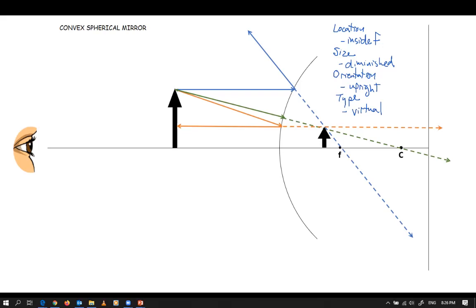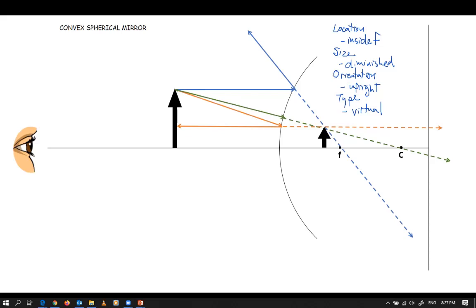We did concave spherical mirrors earlier in the video, and the process is basically the same. We have 4 rays we can potentially draw: one that comes in parallel and then goes out from the focal point. We have one that goes in towards the focal point and then out parallel. And then we have one that comes in as if going through the center of curvature and straight back, because it's striking the mirror perpendicular.